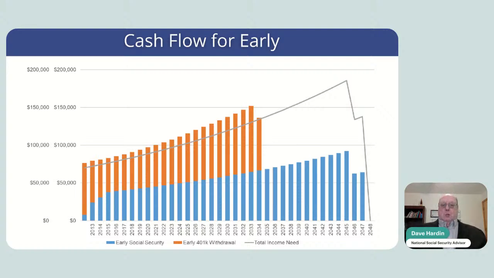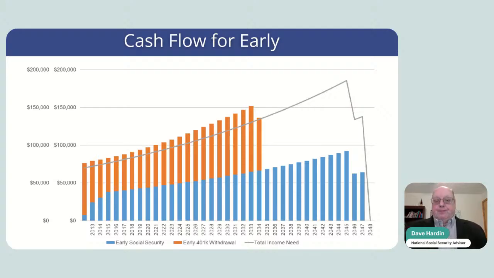At the end of the orange bars, that white space is empty. It's empty because they've run out of money. Two-thirds of the way through retirement, this couple who started with $752,000 is dead broke and living only on Social Security.